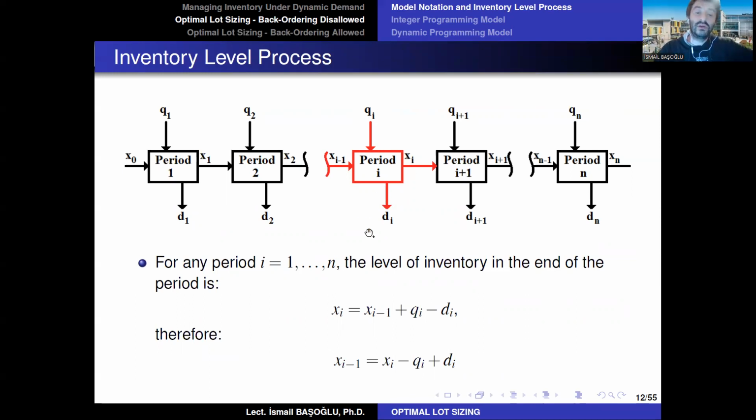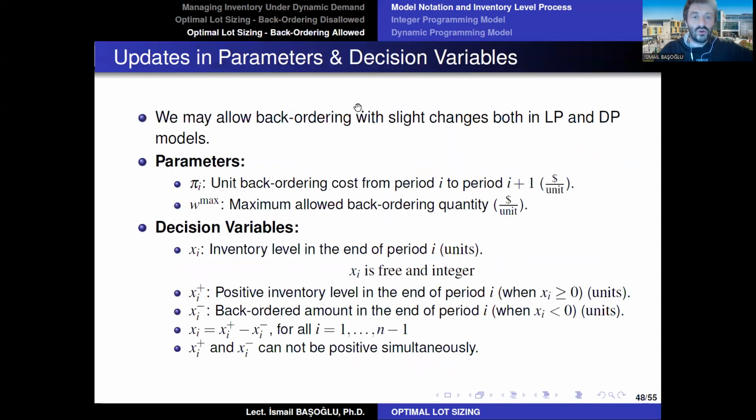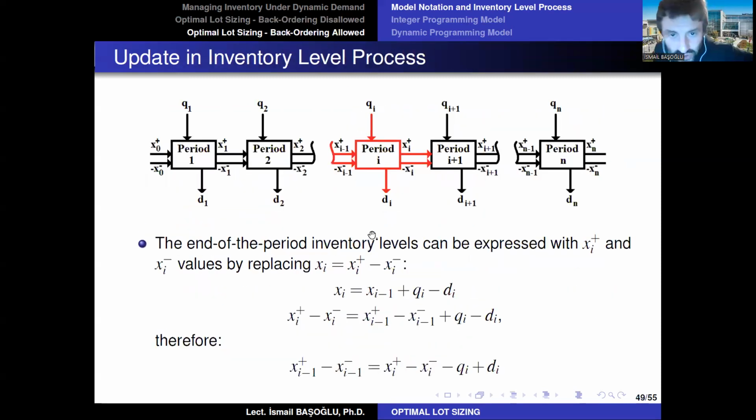And the demand in that period withdraws products from your inventory, and that basically determines the ending inventory level of that period. So this is how we construct this equation. If you remember, the ending inventory level is the beginning inventory level plus the order quantity minus the demand in that period. Now we are going to update this inventory level process.